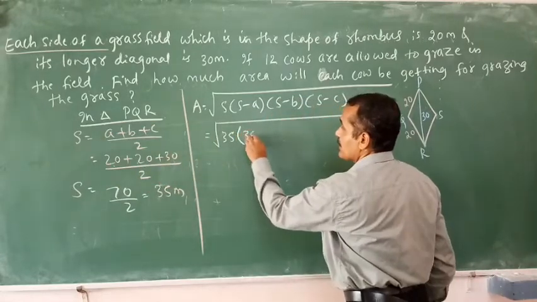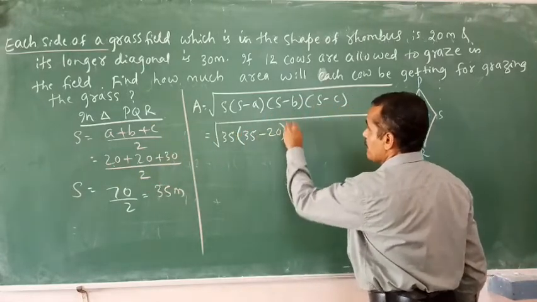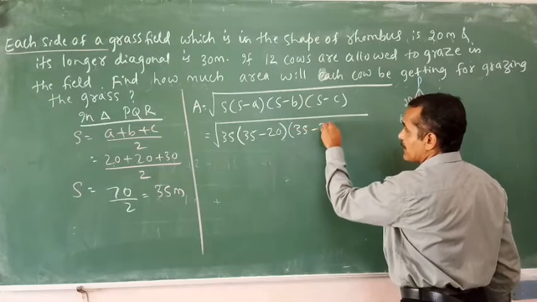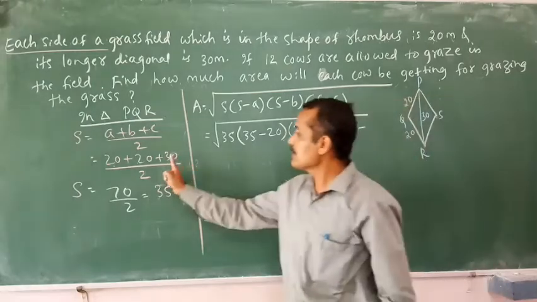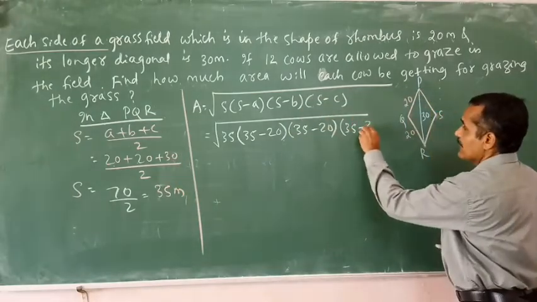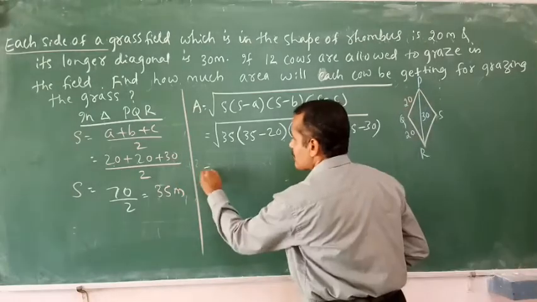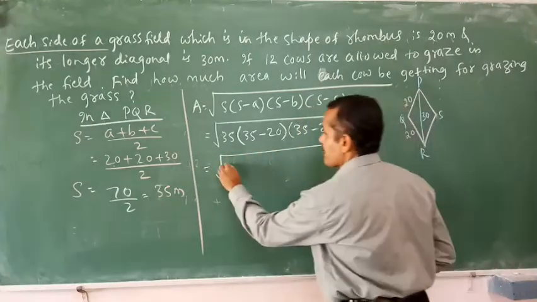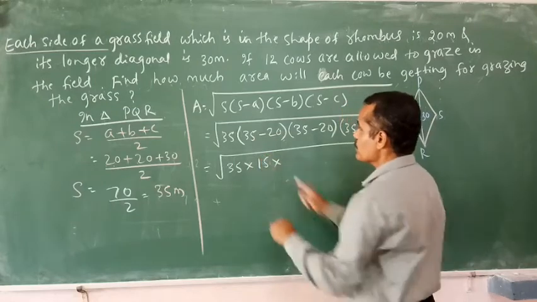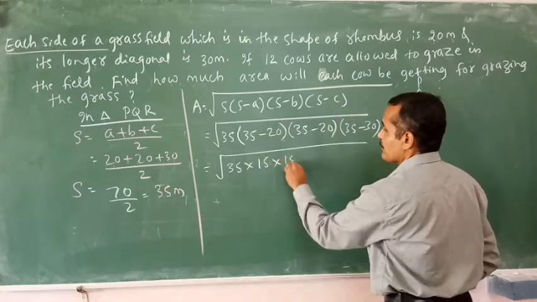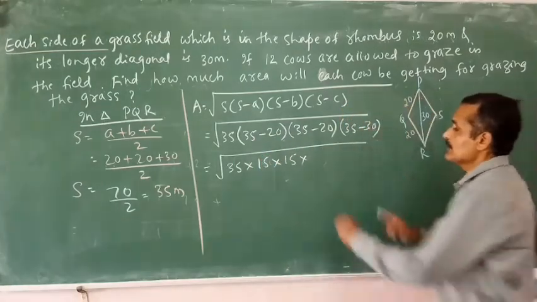That is 35 minus 20, again 35 minus 20, into 35 minus 30. I can simplify further: root of 35 into 15 into 15 into 5.